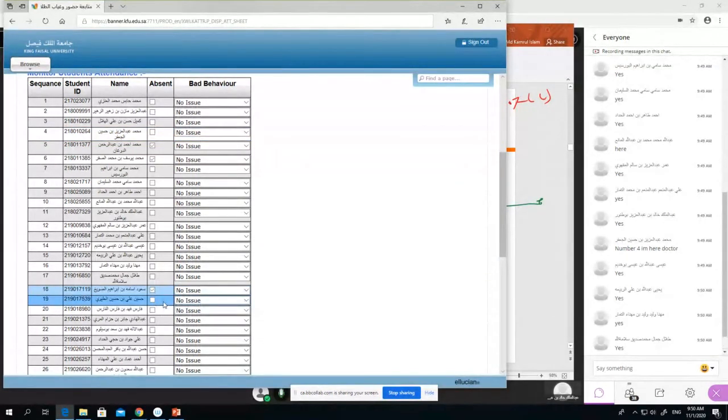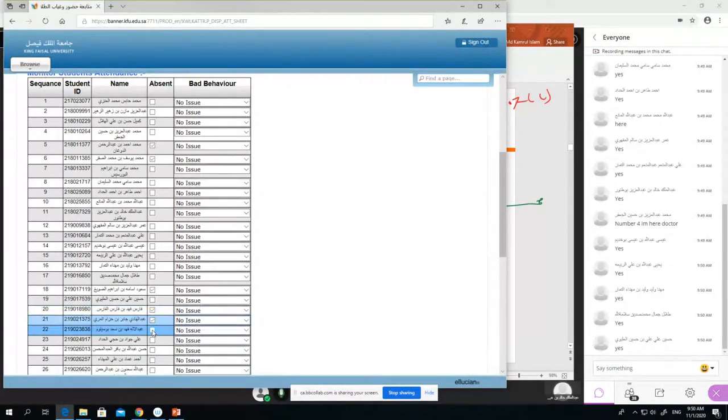Hussain Ali bin Hussain, Faris Fahad, absent. Abdul Hadi Jabir, absent.